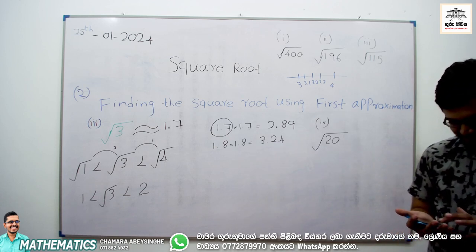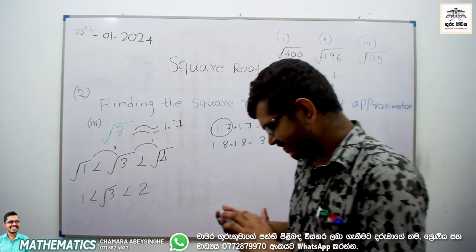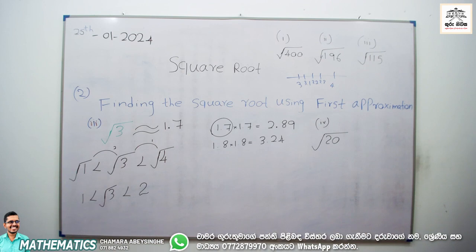Now I give you the square root of 20. You should find the square root of 20.